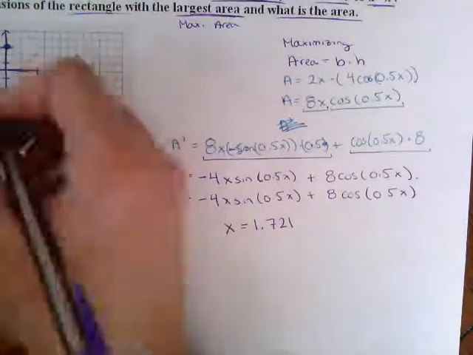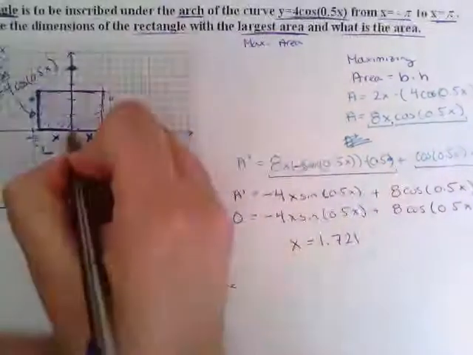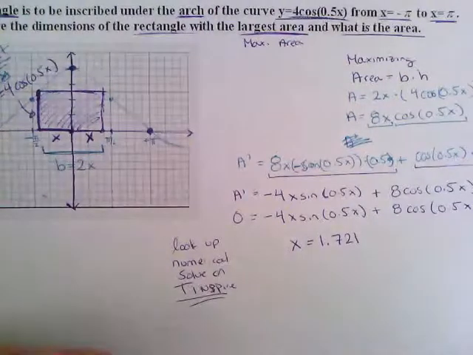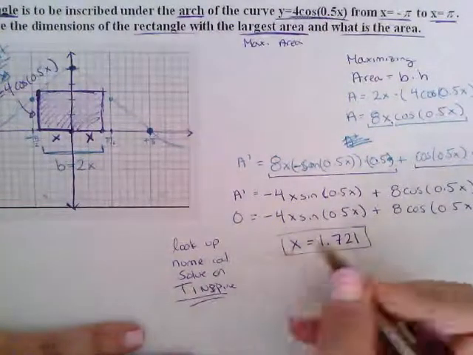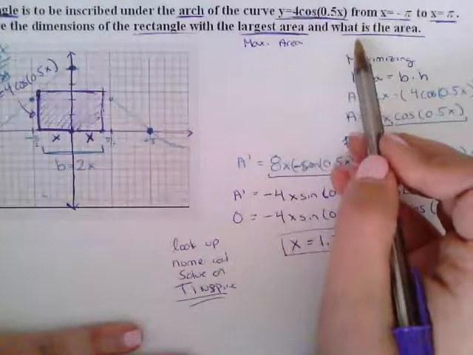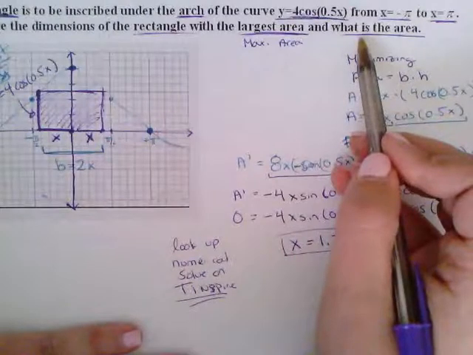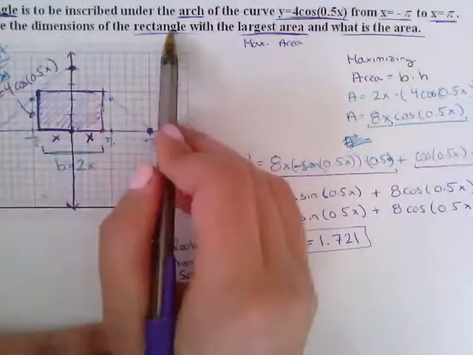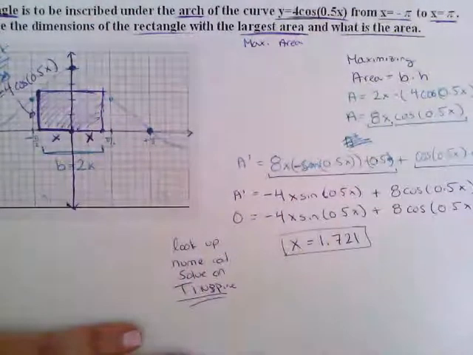That's going to be how big your x is. Okay, the length of the base from right here to right here. And the reason why this is helpful is we are able to figure out what the dimensions of the rectangle are, and then at the end, what is the area.